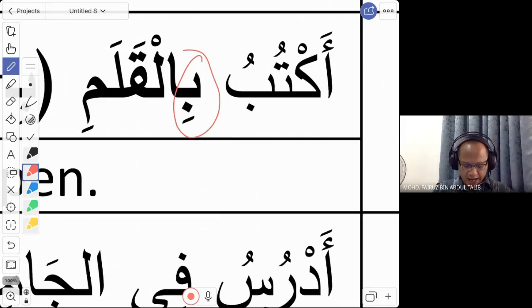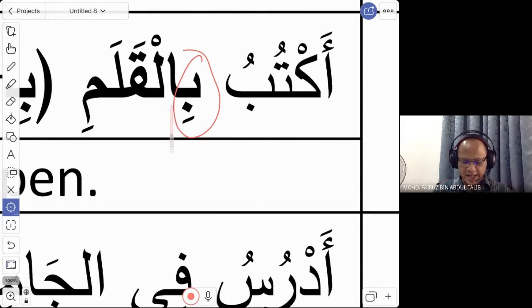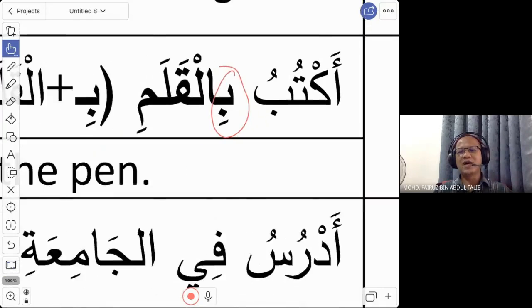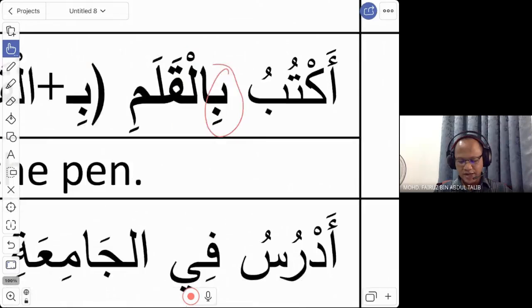B, al-qalam. The next word is al-qalam. So we join the two words. We read bil qalami. Aktubu bil qalam. Aktubu, I write, B, with or using qalam. Qalam is pen, right? We have learned this word as well. So I write using the pen, or I write with the pen.